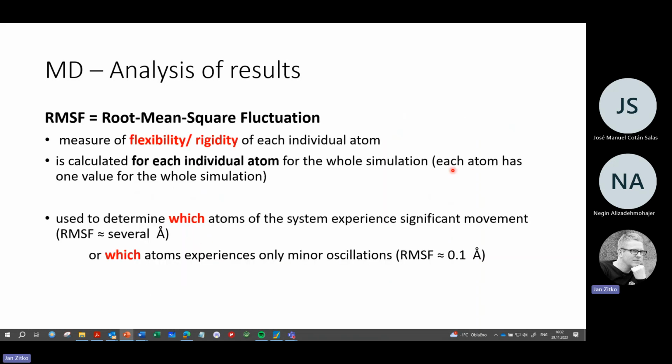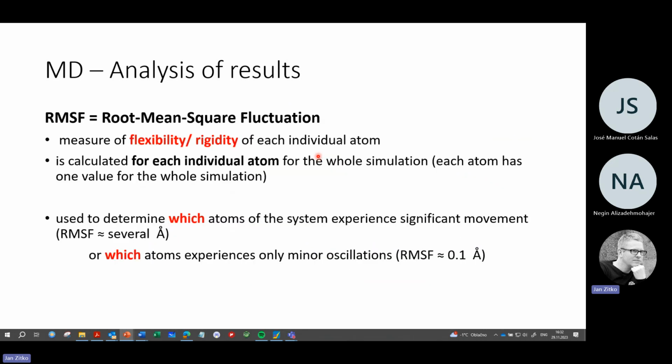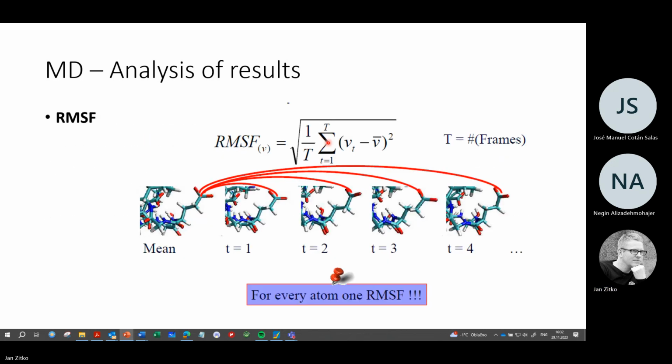The other parameter is RMSF, root mean square fluctuation. The formula looks quite the same. With RMSD, it was normalized by the number of particles, a mean over the number of particles. But in the RMSF, we normalize by time.